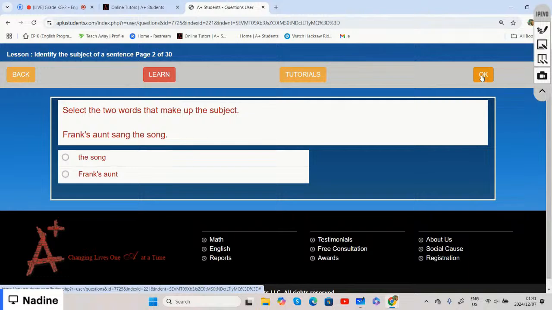Frank's aunt sang the song. We need to select two words that make up the subject. So Frank's aunt sang the song.